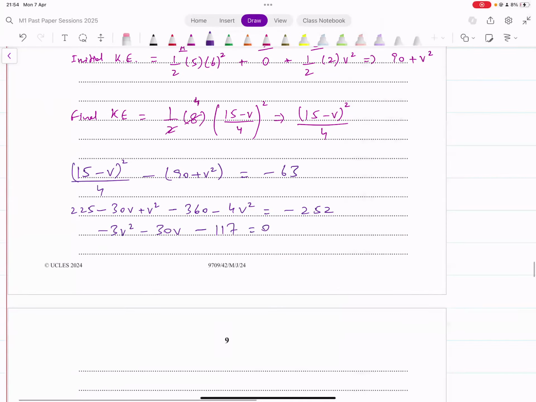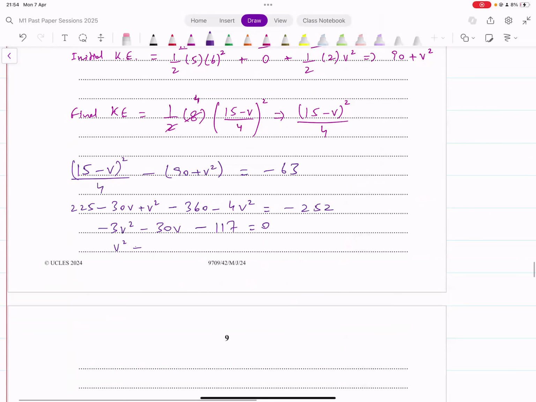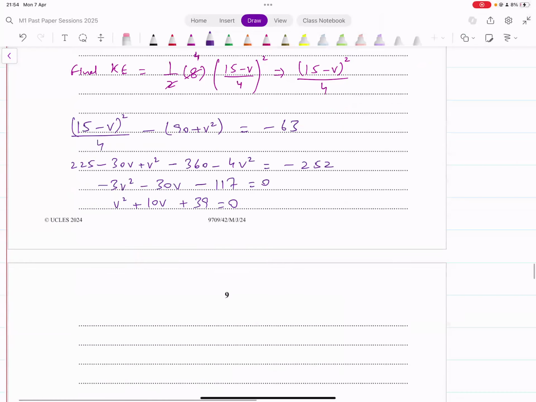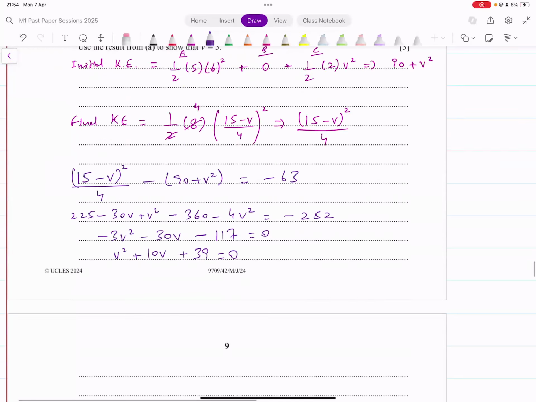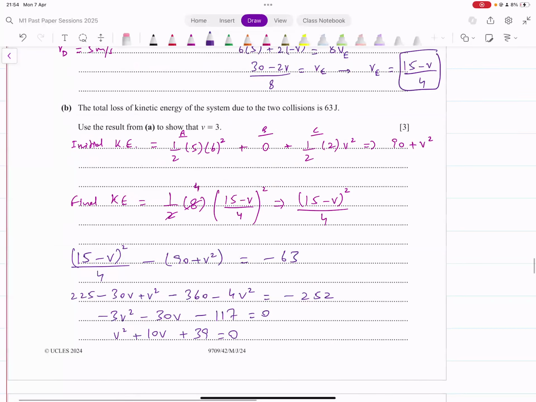We can divide the whole equation by minus 3 to simplify this. It will become v squared plus 10v plus this over 3. 120 over 3 is 40, so that will be 39. Okay. Can we factorize this? We have to show that v is equal to 3.